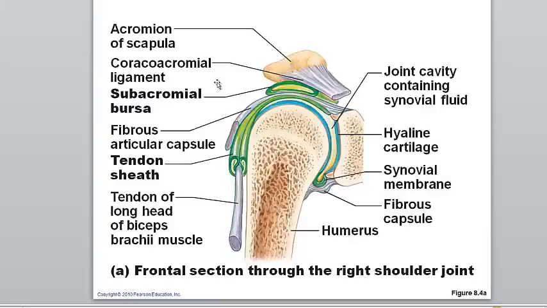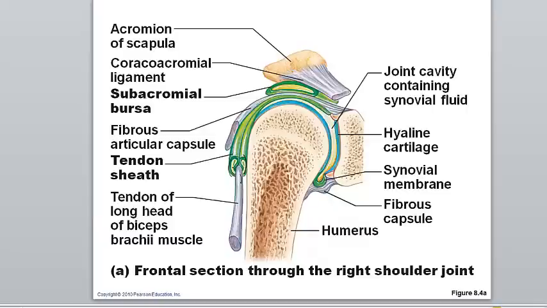It's pretty much like the bursa, except it covers the entire tendon that goes and reinforces that joint. So here you have a tendon that's coming out from the joint, and you can see that the tendon sheath is enveloping it like a hot dog bun, right? So this will be the hot dog and this is the bun around it.